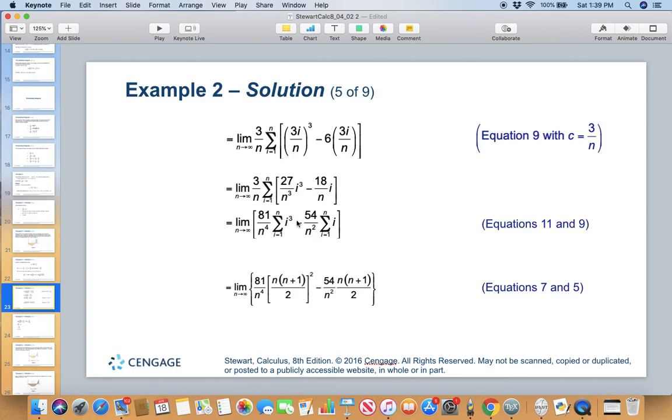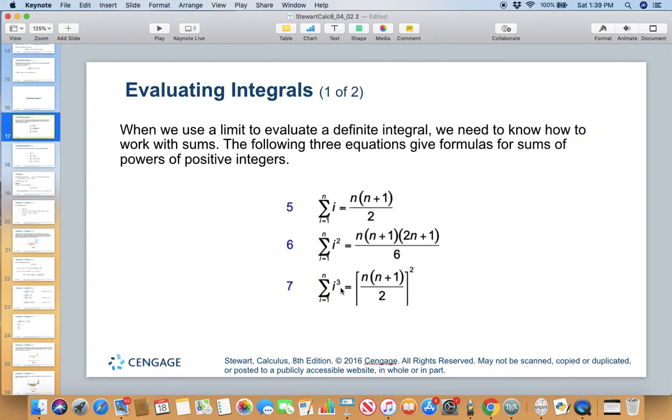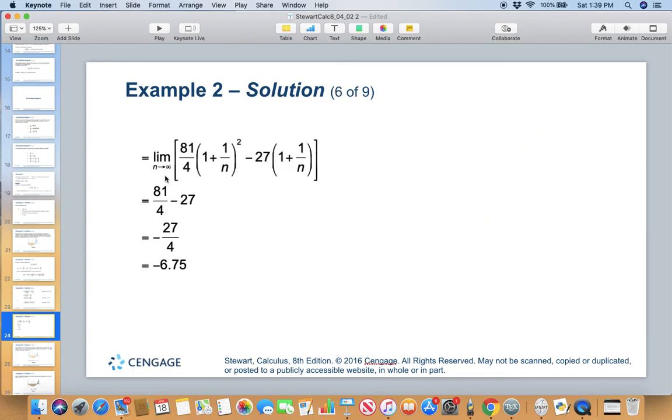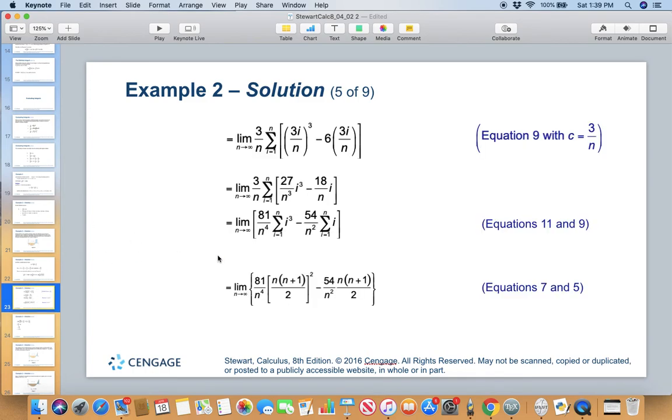Now use your formula. Summation i cubed is this. That's the formula. Okay, if you remember, summation i cubed is this. Okay, that's what we are using now. Likewise, summation i is this formula. All right, once you see, now you are taking limits.